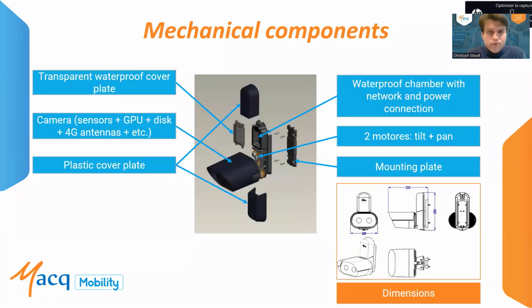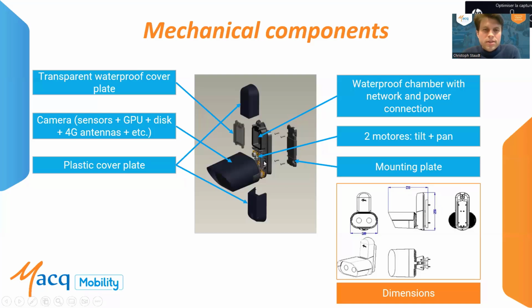Here's an exploded overview of the camera. On the left-hand side, you see the camera itself, where all the main components are integrated. That means the sensors, the NVIDIA processor, the hard disk, the memory, the 4G antennas, etc. Then on the back, on the top, you have first a waterproof chamber where the network and the power connection go through.